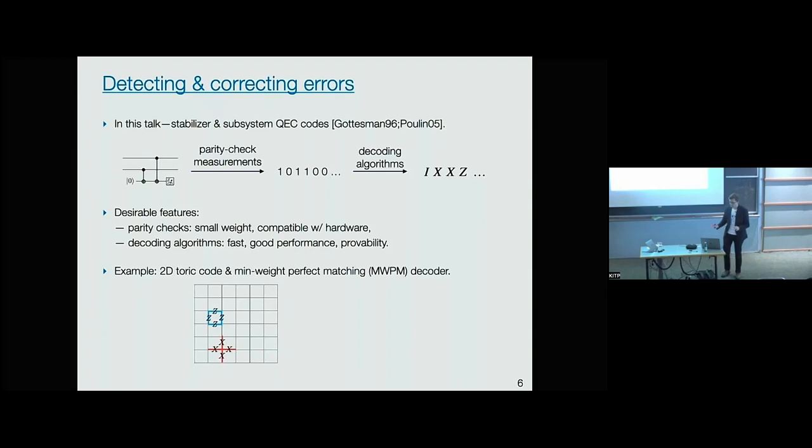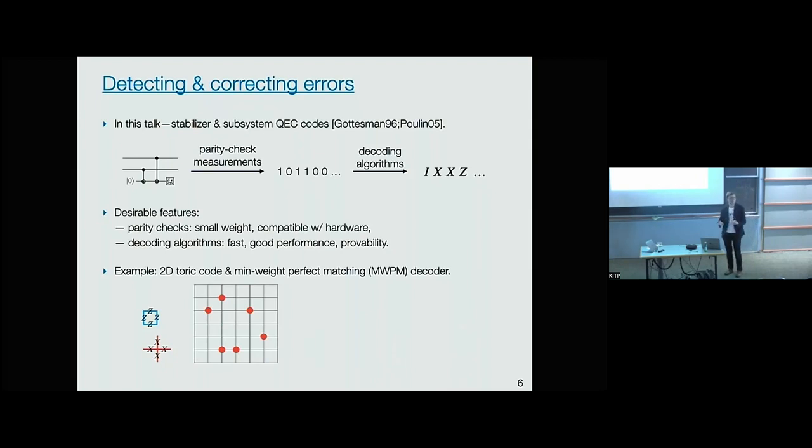So, without loss of generality, let's think of just correcting Z errors. I will measure X parity checks, and some of them will give me -1 outcomes. I depicted them as red dots, and those red dots are the syndrome that I observe. Those points are also the endpoints of string-like Z errors that happen in the system.